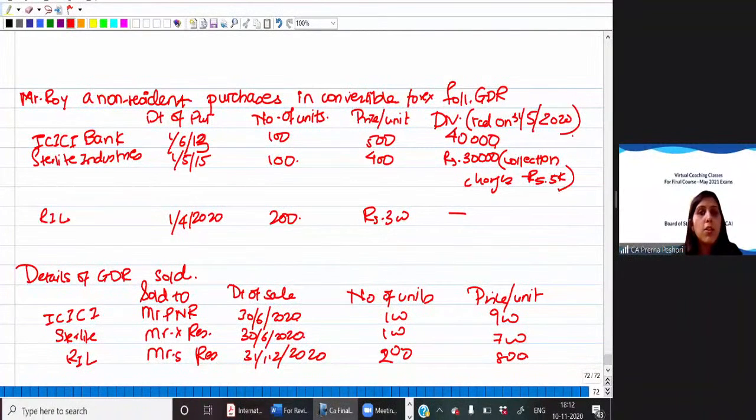So you are required to compute the capital gain for this. So quickly tell me in your chat boxes, what do you think for this? What will be the amount of capital gain?